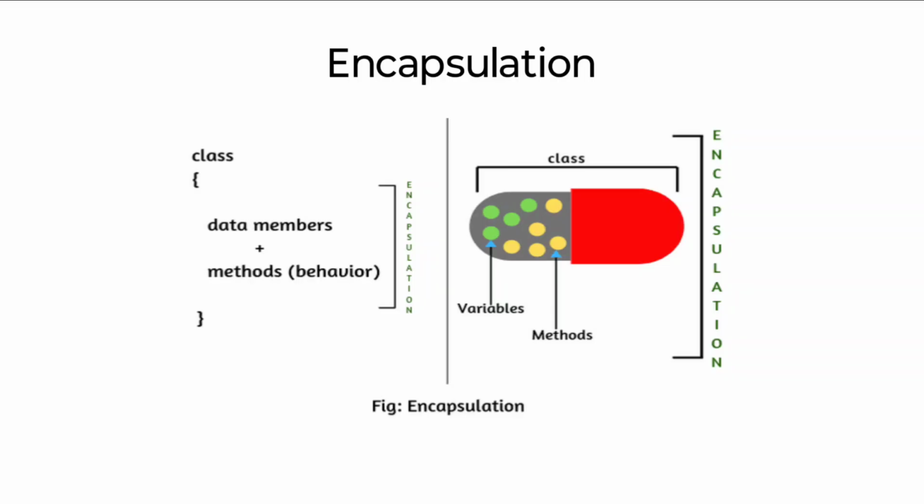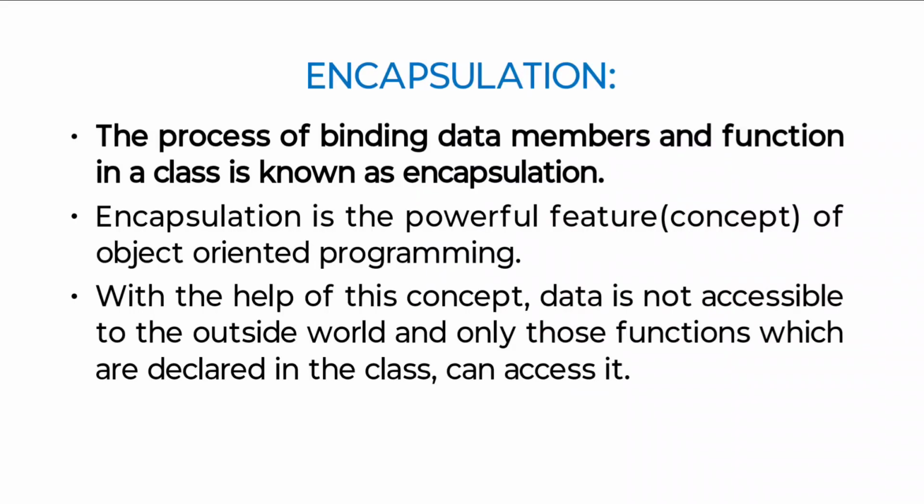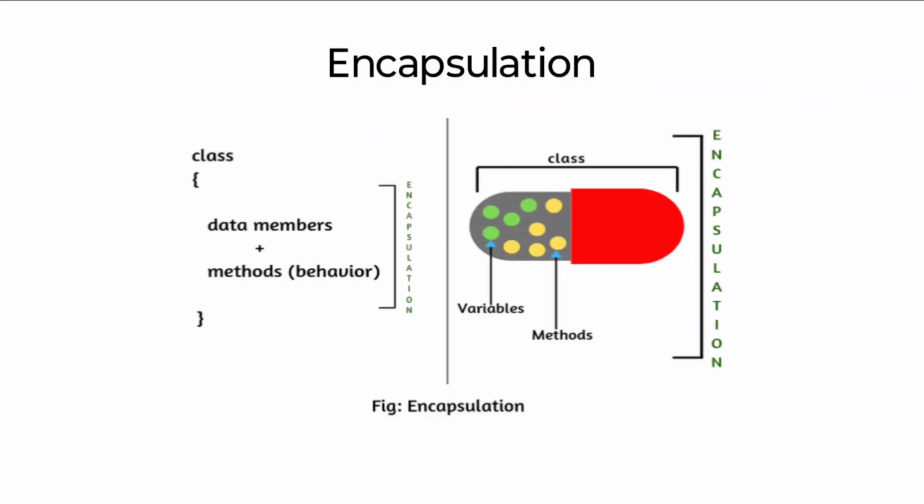Data members and methods are on one side of the class, and another class is bound with particular data that we do not know. That is meant by encapsulation, the process of binding data members and functions in a class, right? With the help of this concept, data is not accessible to the outside world, and only those functions which are declared in the class can access it, right?